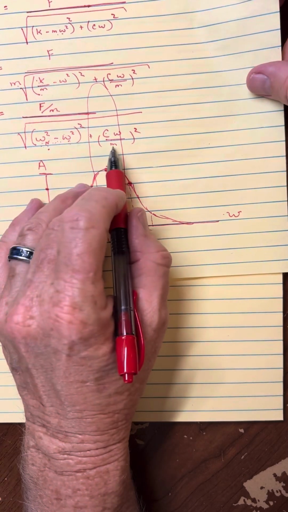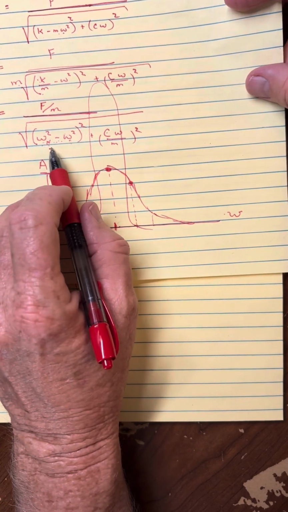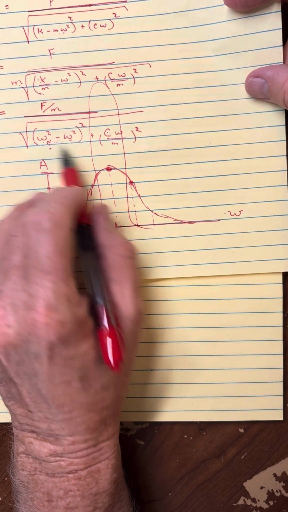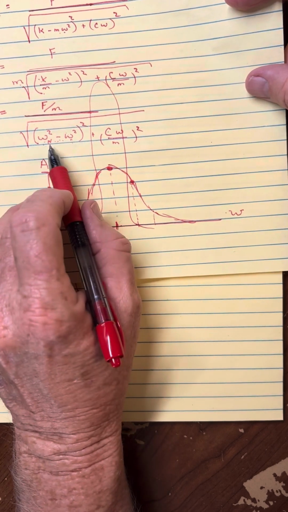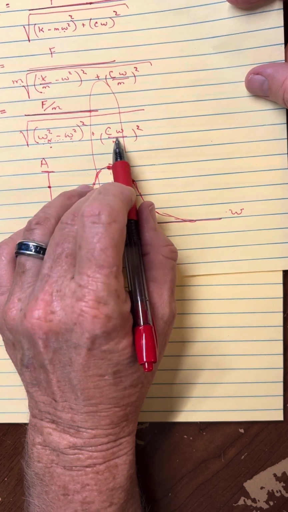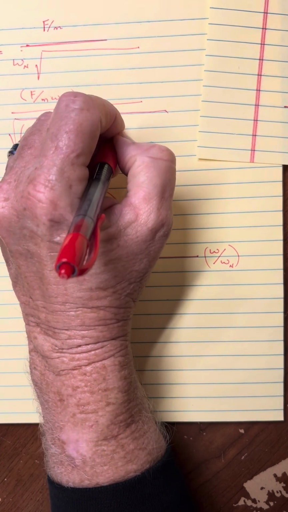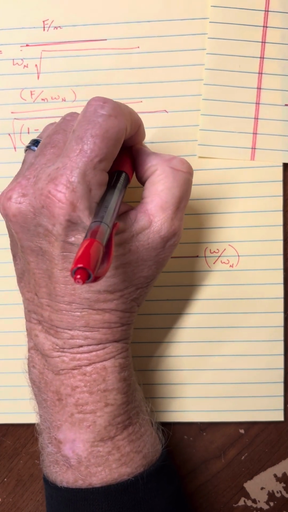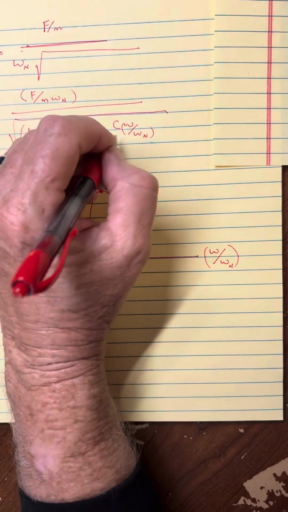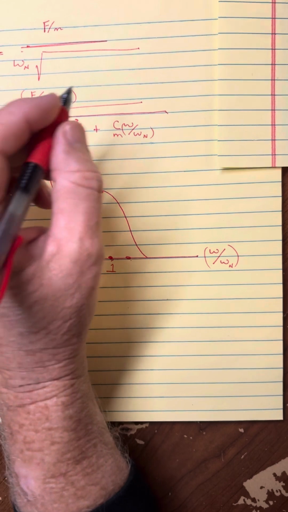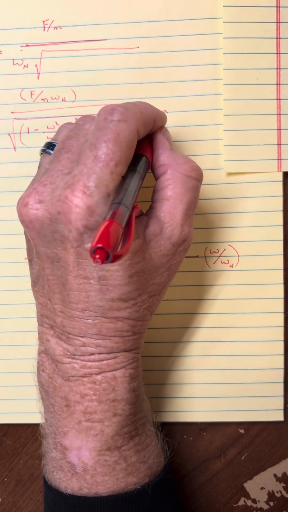Now, to finish the equation, I guess if I factored out a natural frequency squared, I need a, let's see, natural frequency squared. Yeah, I got to put one in here. So it's going to be a C omega over omega n. And so there it is in the units of omega n over m squared.